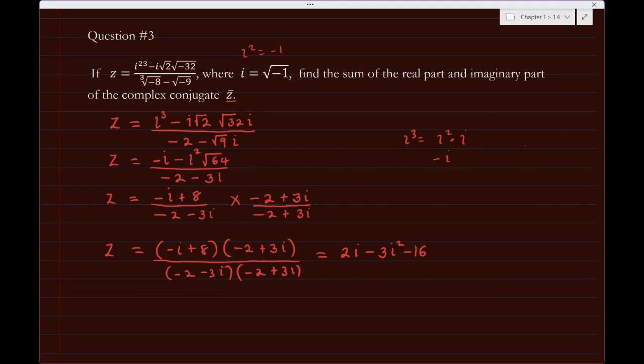Then 8 times 3i will give us plus 24i. Now, if you look at the denominator, it is a difference of two squares. So this is just minus 2 squared, then minus 3i, all squared.